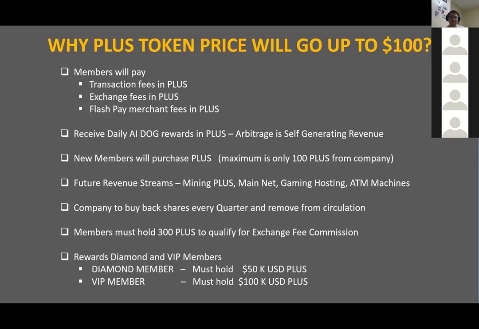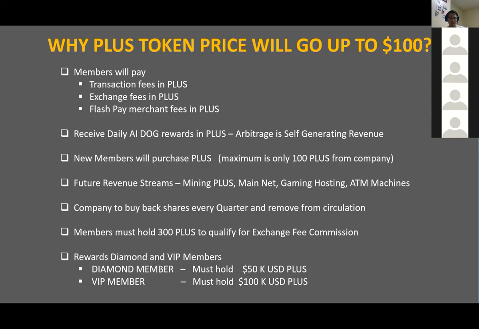And then the ones who are making the most from the program, the Diamond and VIP members, they need to hold 50,000 worth of Plus coin and 100,000 worth of Plus coin for about a year each time. What does that guarantee? It guarantees that not everybody is going to be looking to sell their Plus token. There will be people that will hold on to them and not sell.